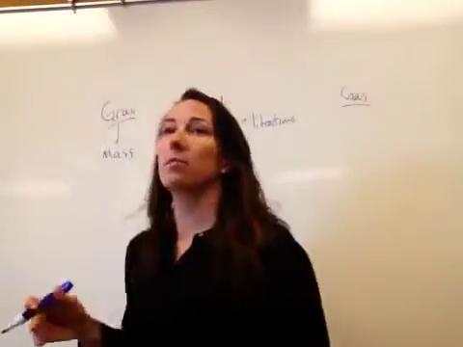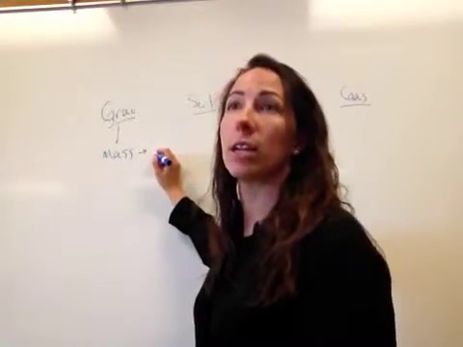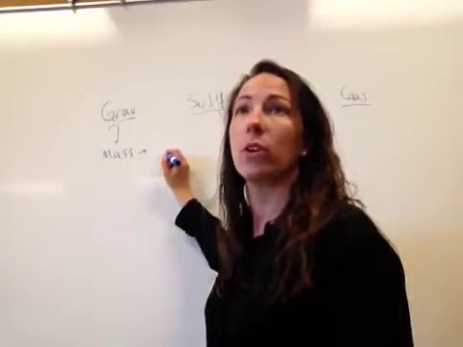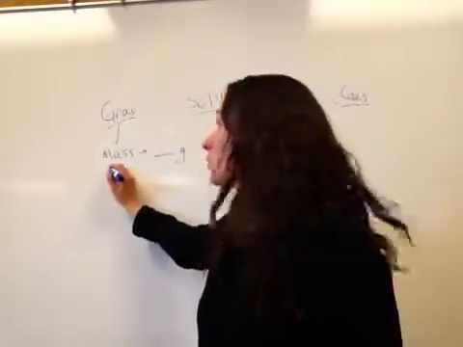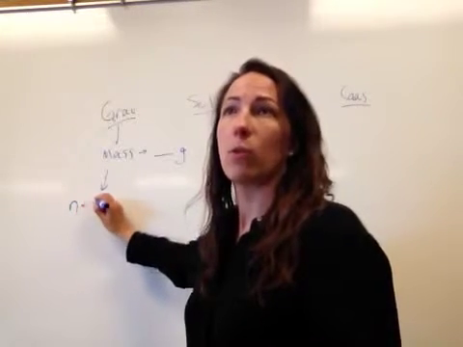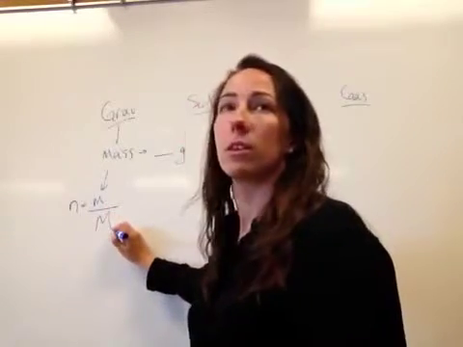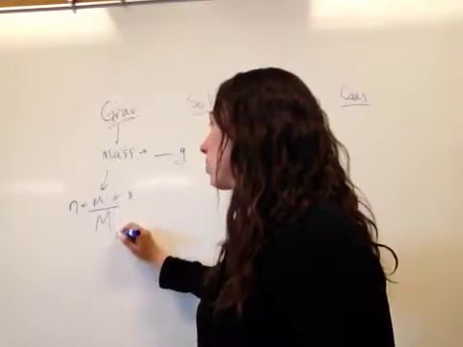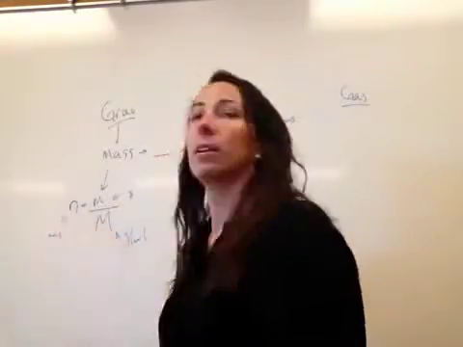So in gravimetric stoichiometry, you were always given a mass, which is measured in what kind of units? Grams. And so what formula do we use for that? If you're a formula user, number of moles is equal to mass over molar mass, where mass is in grams, molar mass is in grams per mole, and n is in moles.